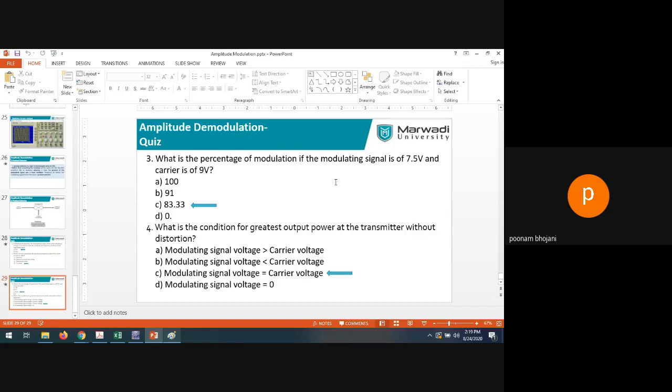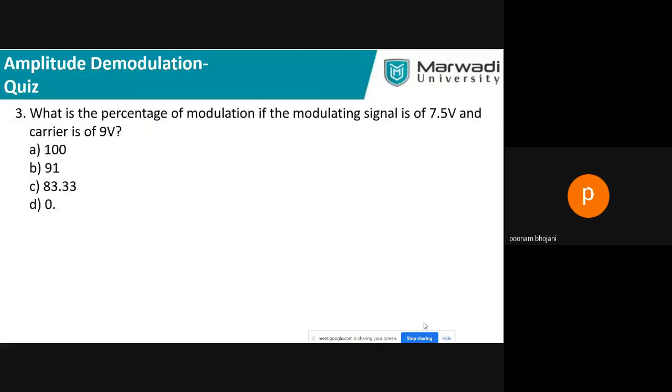What is the percentage of modulation if the modulating signal is 7.5 volt and the carrier is 9 volt? The answer is 83.33. How can you calculate it? By the modulation index, which is Am upon Ac. Am is 7.5, Ac is 9.